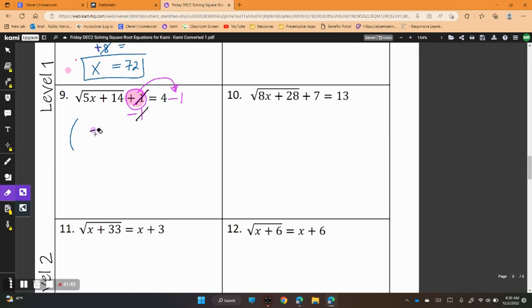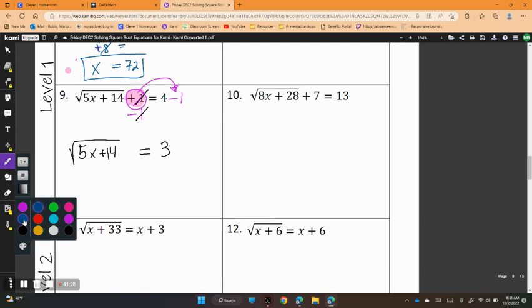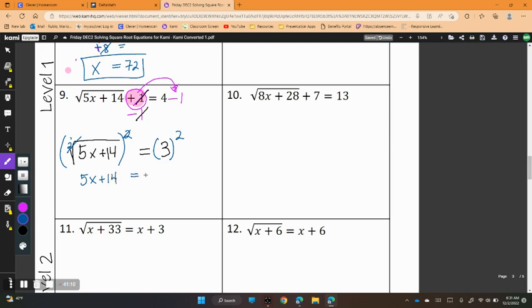Let me make a little bit more space so I'm not crowding everything. Bring down my equals. 4 minus 1 was 3. Remember, there's always a 2 right there. Now I'm ready to raise this to the power of 2. These cancel each other out. I bring down what's left. 3 squared is 3 times 3, which is 9.